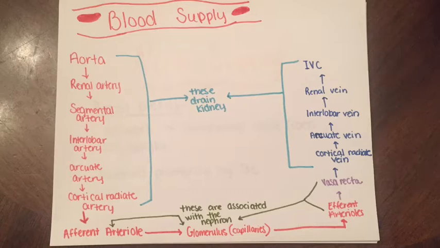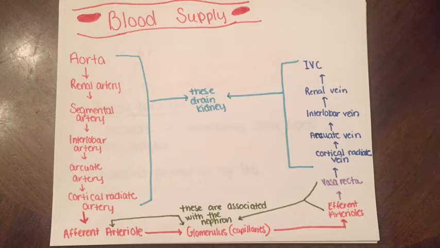Then we get to the afferent arteriole, which then leads us to the glomerulus, then to the efferent arterioles, to the vasa recta, to the cortical radiate vein, the arcuate vein, the interlobar vein, the renal vein, and then through the IVC.